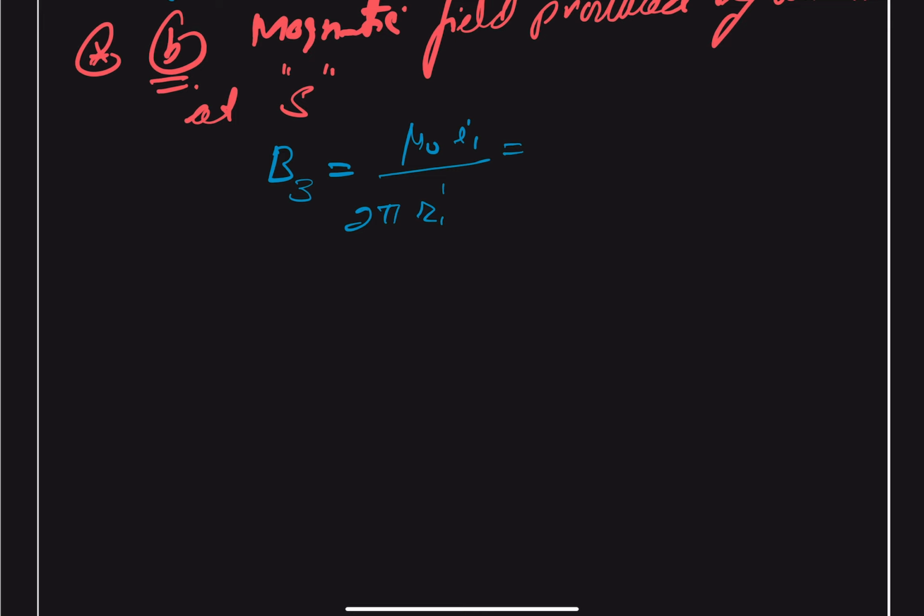So if we substitute all the values, we can say that our B3 will be coming as 12.12 into 10 to the power minus 3 minus 17 Tesla, sorry.